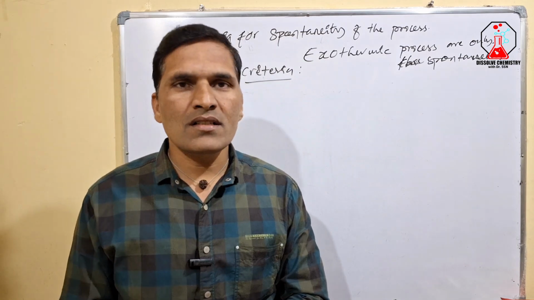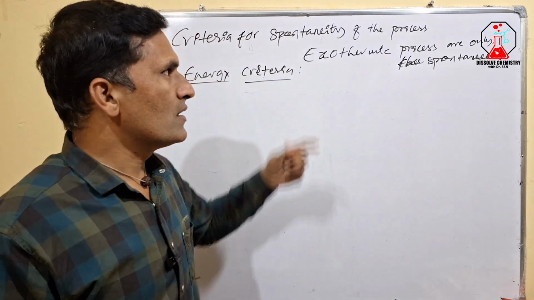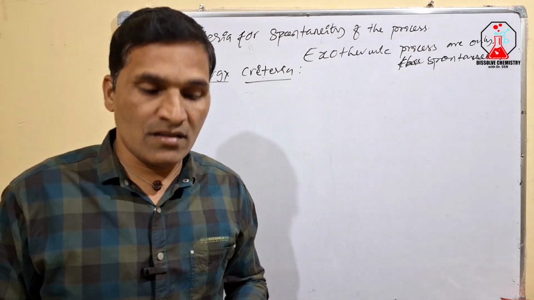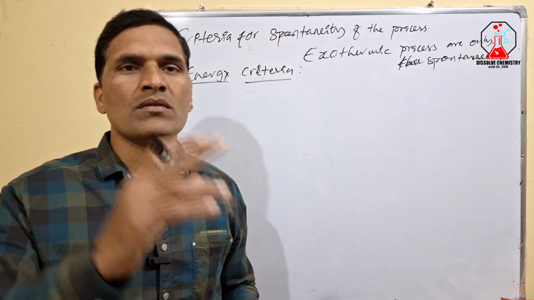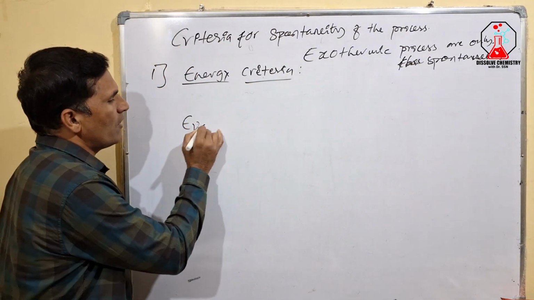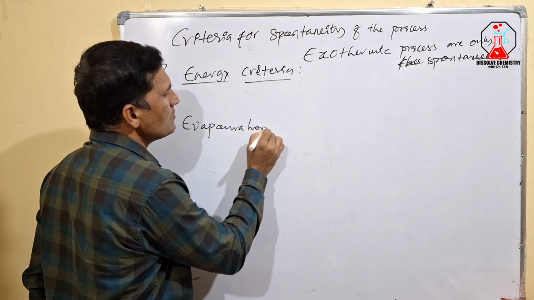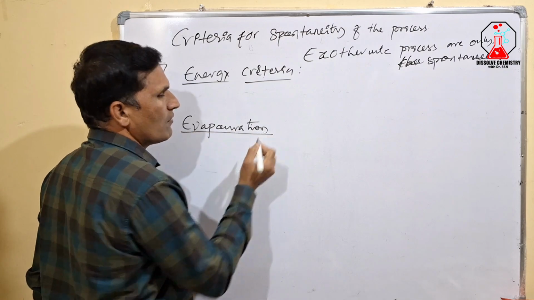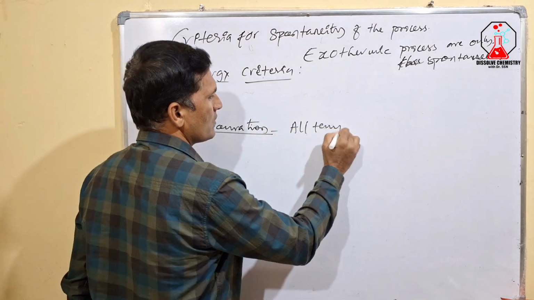Is it the only criteria, or the deciding factor for a process to be spontaneous or non-spontaneous? No, because you see here, evaporation of water. Evaporation happens at all temperatures. You should remember this.